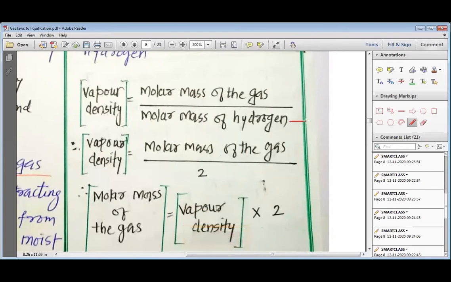Do you know what is the molar mass of hydrogen, dear students? The molar mass of hydrogen is 2, so we put the value of 2 gram per mole.